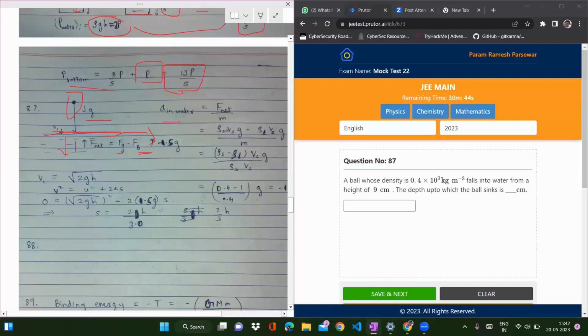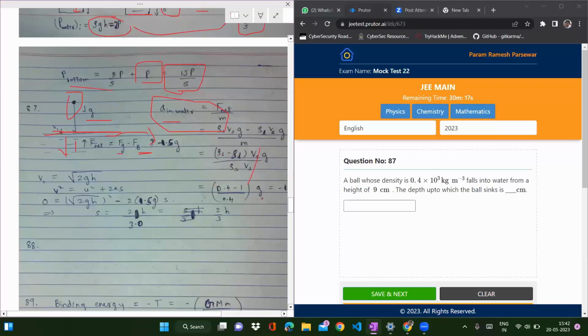Density of the liquid in this case will be 1 into 10 to the power 3 kg per cubic meter, as it is the standard density of water, which we mostly consider as the liquid. So the expression for the deceleration, or the negative acceleration, is 0.4 minus 1 by 0.4, keeping the values of rho s and rho l by rho s, where Vs cancels out.